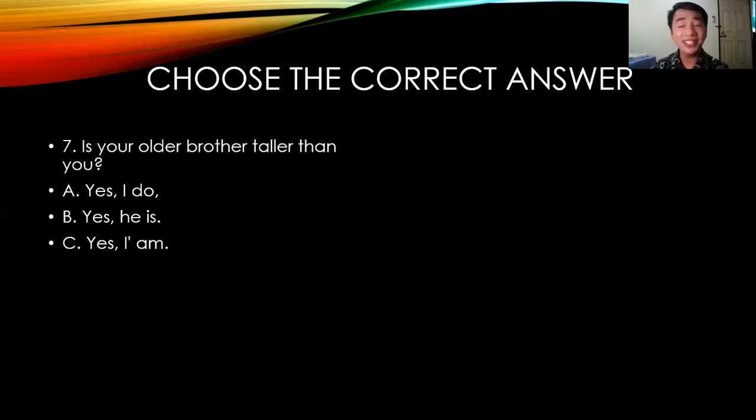The correct answer here is letter B. Yes, you are right. You can say, yes, he is, if you agree that your brother is taller than you. If you don't agree, you can say, no, he isn't. Or no, he's not. Okay? So in this case, if you agree, you can say, yes, he is.